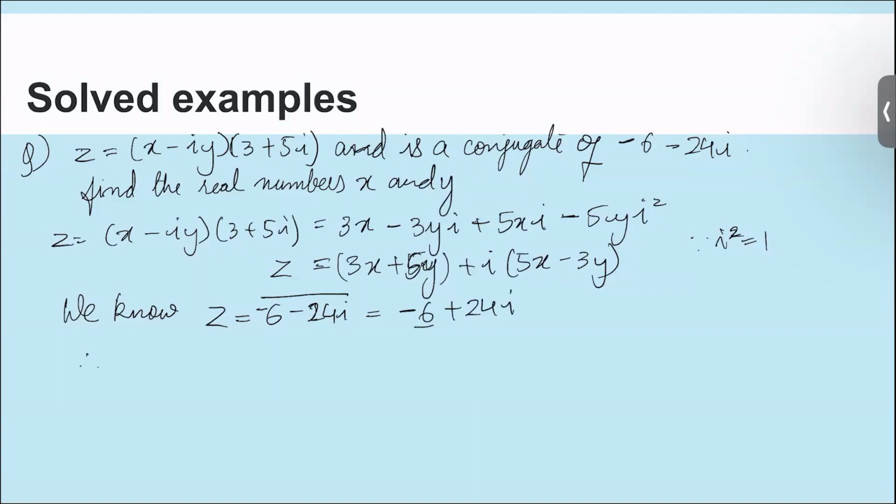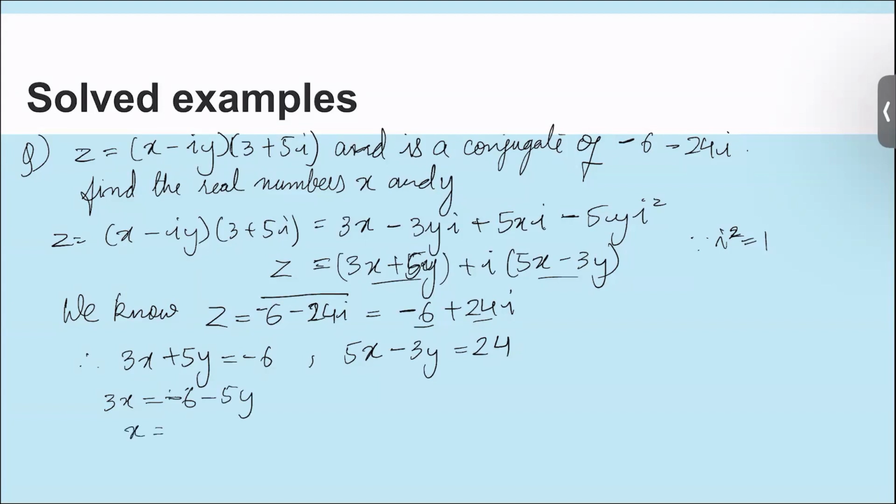So now if you equate the real parts and the imaginary parts, you will find that 3x plus 5y is minus 6, and 5x minus 3y is equal to 24. Okay, so now let's solve for it. Suppose you have 3x is equal to minus 6 minus 5y, and then x is equal to minus 2 minus 5 by 3y.